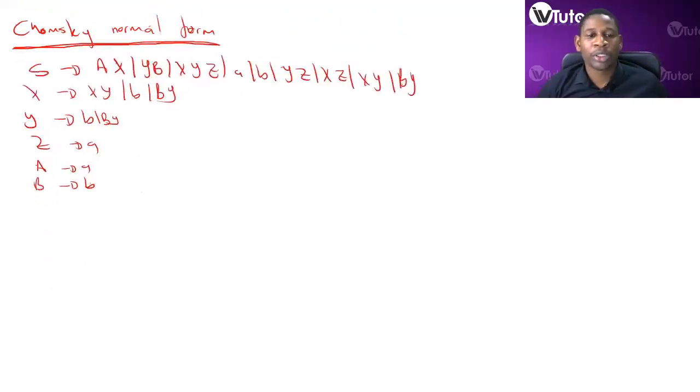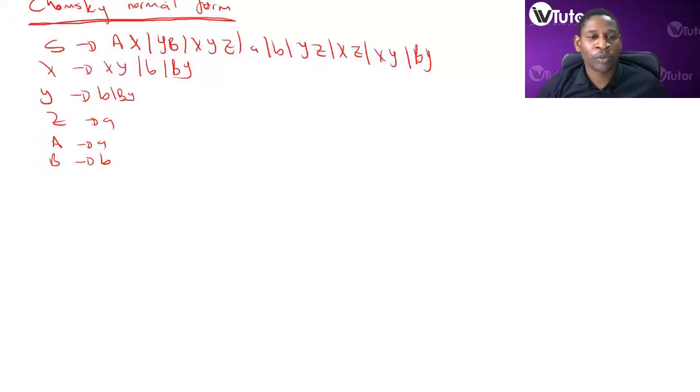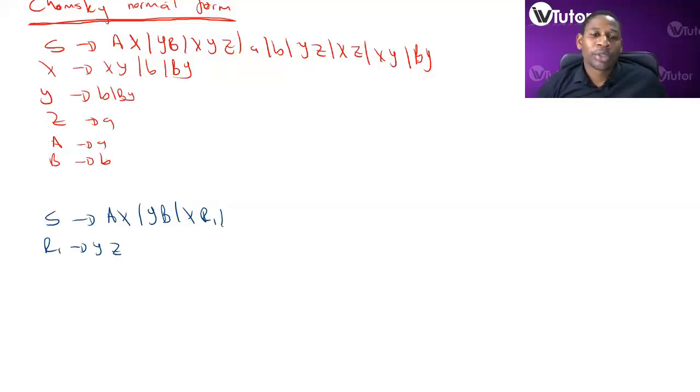Then after this, we put it in the Chomsky normal form. We need 2 non-terminals. We're going to have S going to AX is fine, YB is fine, XY, Z. So we're going to have, let's call it R1 goes to Y, Z. Then we're going to have A is fine, B is fine, Y, Z is fine, X, Z is fine, X, Y is fine, B, Y is fine.